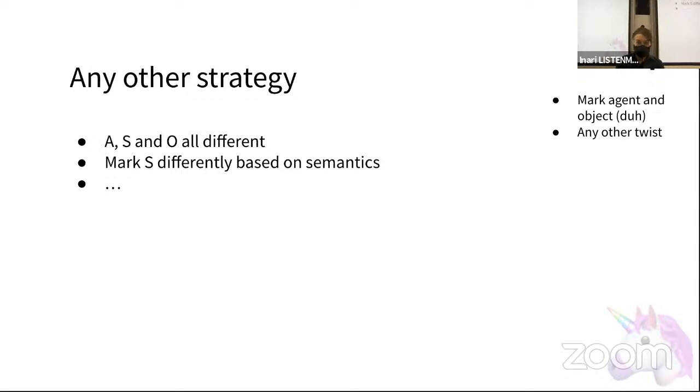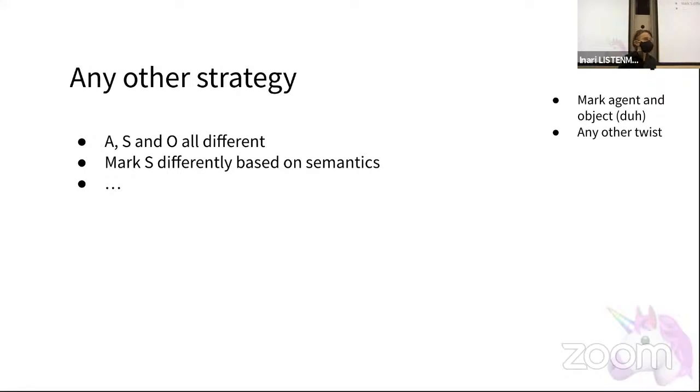There are more, but there is one logical choice which is not at all common. Why would we mark the subject the same? Why would we align the subject? Because it can be different. All three can be different.